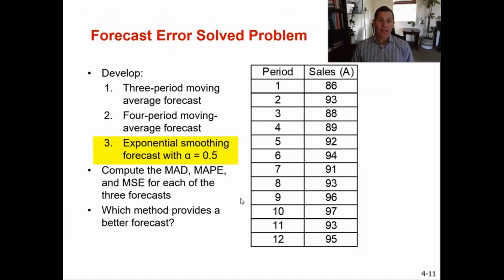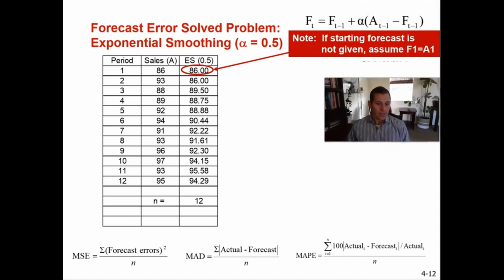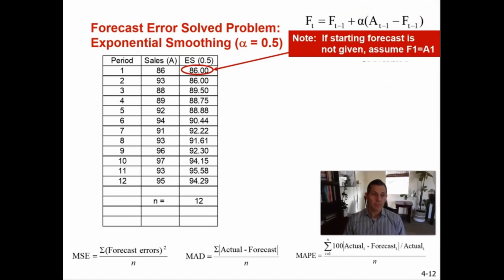Last, let's now calculate the exponential smoothing forecast using an alpha, or a smoothing constant, of 0.5. I think I failed to mention in the last video that if a starting forecast is not given, then you assume your F1, your forecast for period 1, equals your actual for period 1.